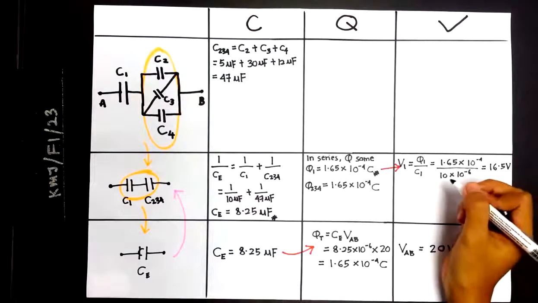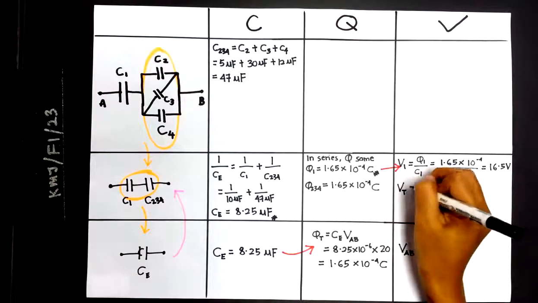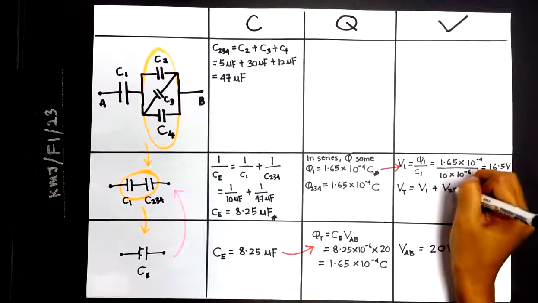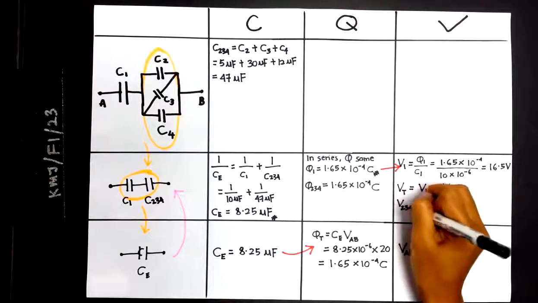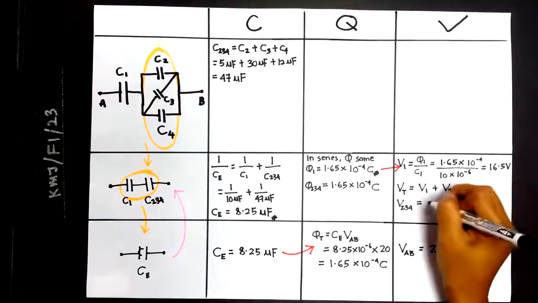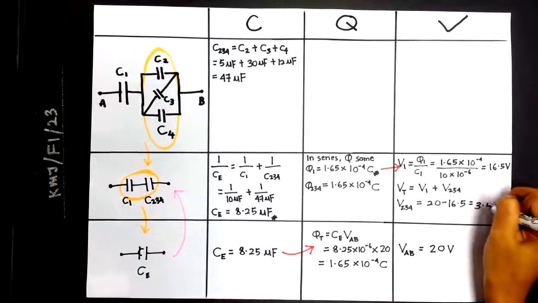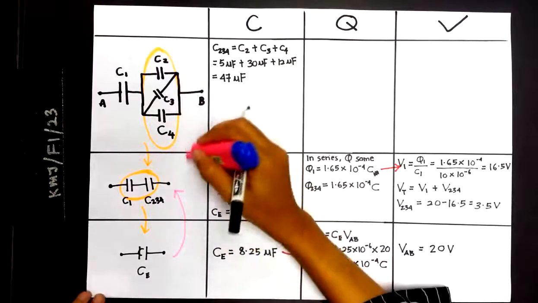We know that the two capacitors are arranged in series, and for series combination, the total voltage is the sum of all the voltages across each capacitor. So from there, we can get the value of V234, which is equivalent to 3.5 volts.